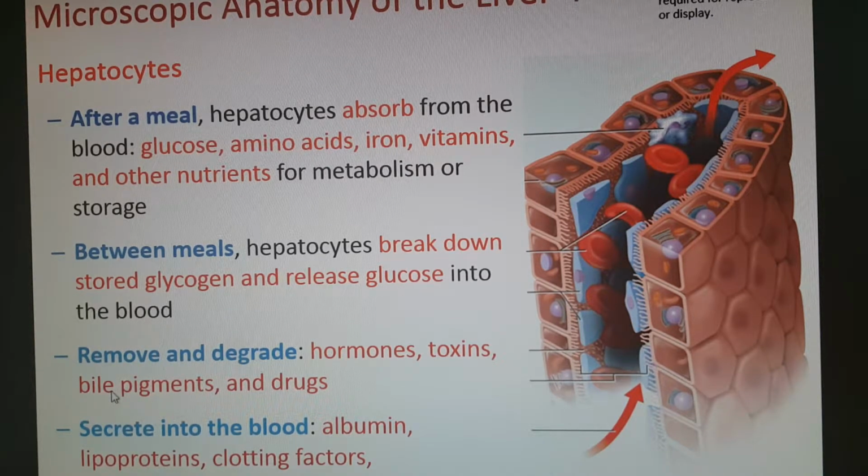So, for example, angiotensin, which you can't see, but it's the one that's down here. That one helps to regulate your blood pressure, clotting factors to help when you have an injury, and then albumin, which is your protein inside of the blood plasma.